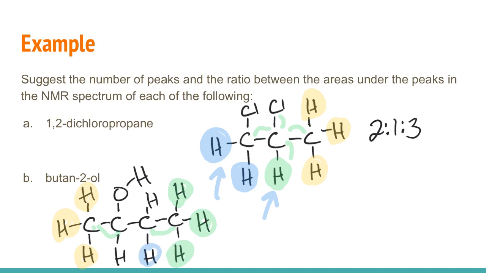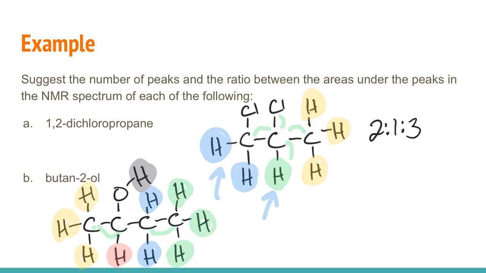Then you've got the next carbon here. So those 2 protons would be in the same environment, so they would give a peak. You've got the next proton here on this carbon. That would give another peak. And then finally, you've got this last proton here on the OH, which is in its own chemical environment too.